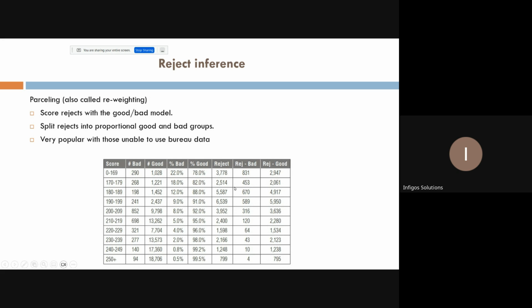If you sum these two, you'll get this number. Normally, you want to take the bad rate, the ratio of good and bad, multiply it by a factor, and that factor will help you in calculating what percentage of rejects are bad and what percentage are good. Are you aware of this technique, or shall I go more deeply?